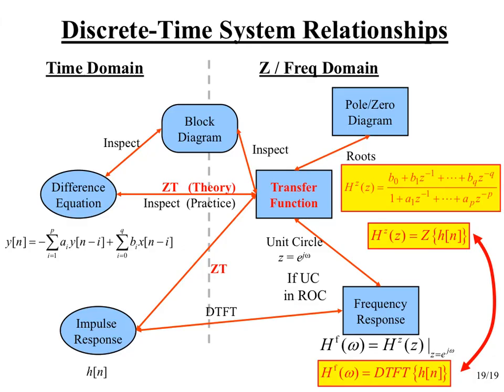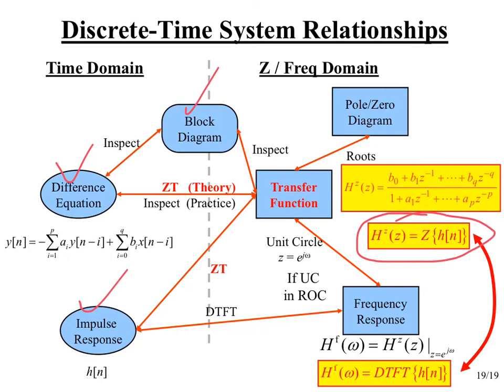And then finally finishing off with one last view of this discrete time system relationships. So we've been talking about the difference equation and the block diagram in previous note sets, impulse response as well. We're now talking about the Z transform, and the main reason that we're going to be applying the Z transform is that it will allow us to get the impulse response.